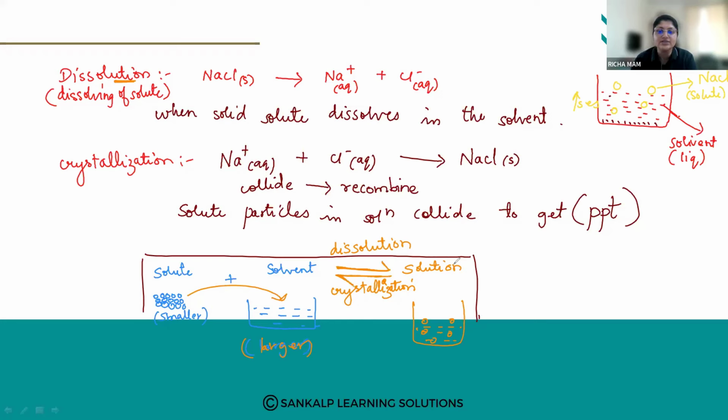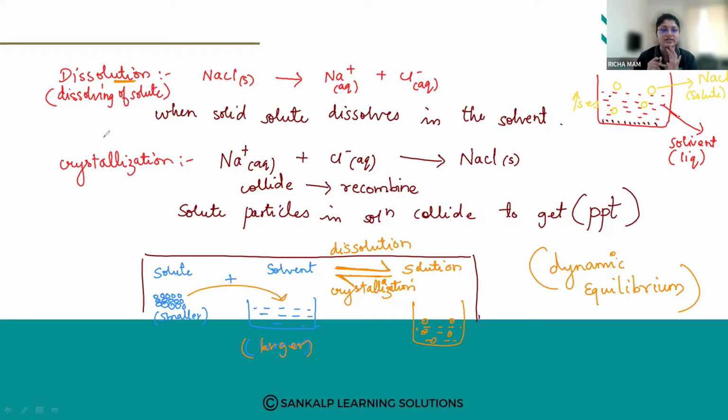This state is called dynamic equilibrium: a state is reached where solute and solvent give you a solution, and the solution gives you solute and solvent. The state at which this process occurs is called dynamic equilibrium.